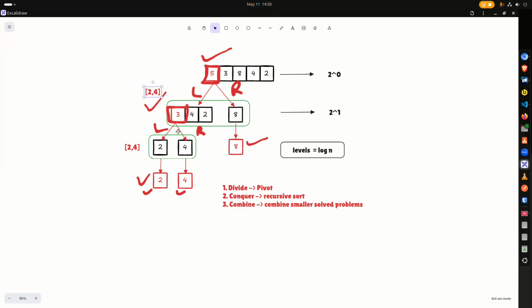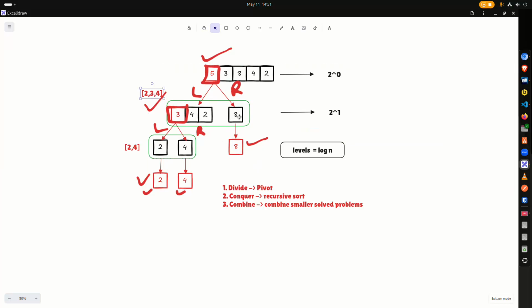We combine this here, but we also want to put the pivot element in between. So we put 3 in the middle. Now the array is sorted: 2, 3, 4. The idea is that you take the left array, you take the right array and combine with the pivot element.